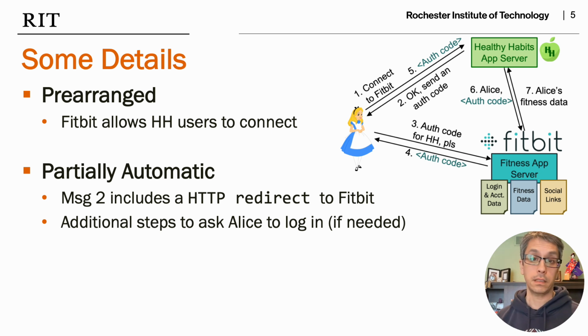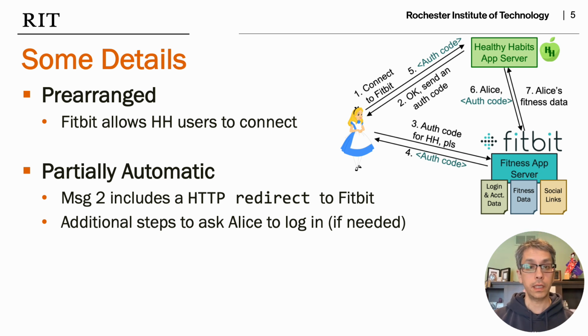And Fitbit has to say yes, right? So it's the data, they're holding the data, and they don't want to give it up without a good reason, and it needs to make sense for their customers and for their business model. So in this case, let's suppose that Fitbit is allowing that, and so they've already got this information about Healthy Habits.